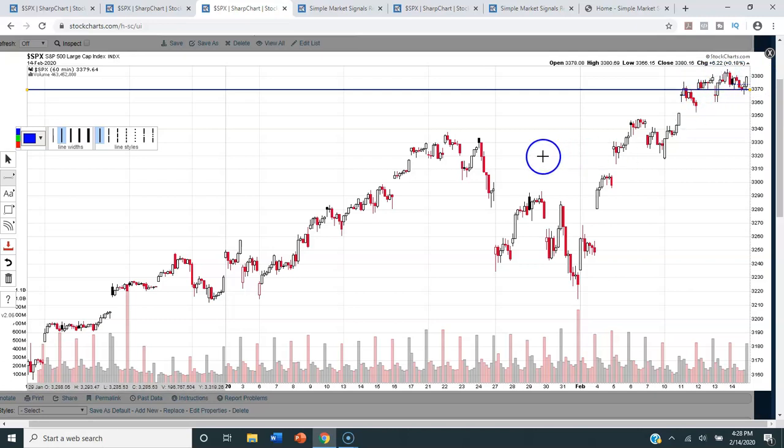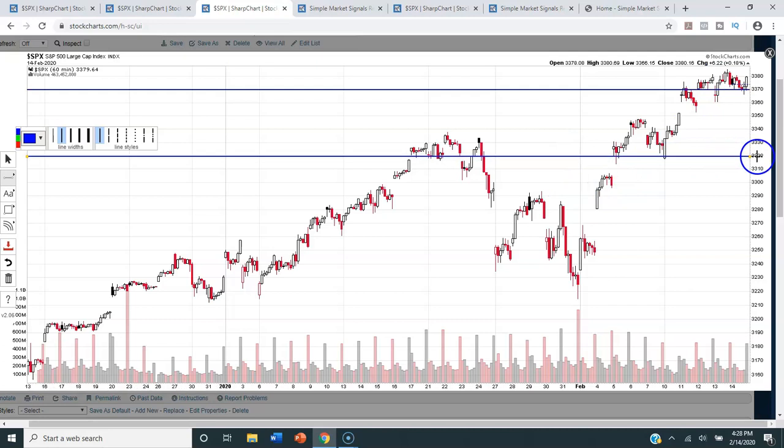And then again, it's easier on this hourly chart to see the importance of this 3320 area. You can see here, once we got above it, we pretty much stayed above it, but it's acted as support and resistance. We fell beneath this during the first scare of the coronavirus, and then we've been back above this 3320 area for the bulk of February. So this has again provided some nice support in the markets.